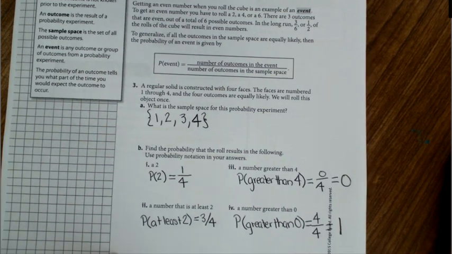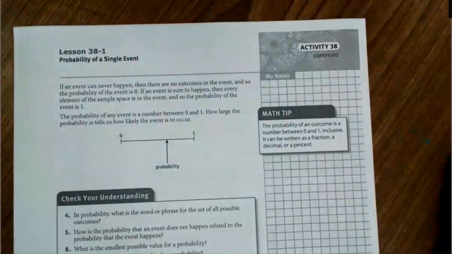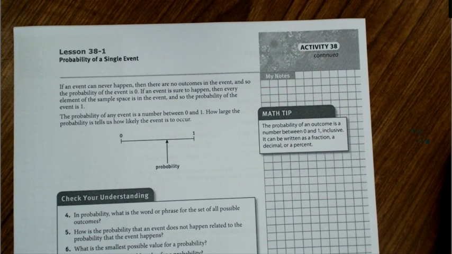Before we move on, I want to talk about the next page, and there's this picture, okay? And the picture says the following. If an event can never happen, then there are no outcomes in the event. And so the probability of the event is 0. If the event is sure to happen, then every element of the sample space is in the event.